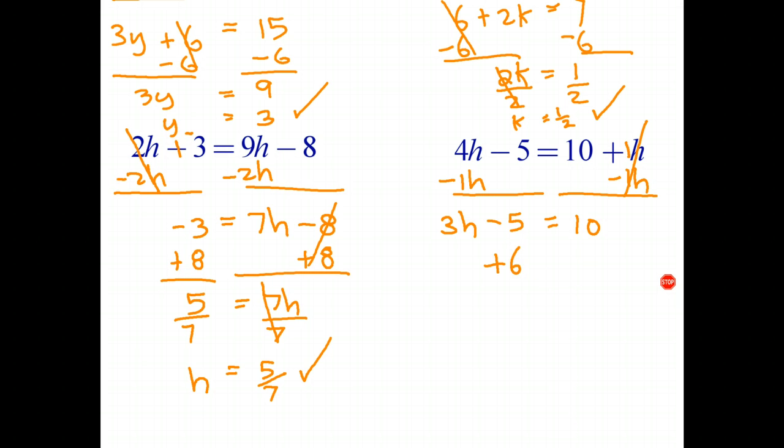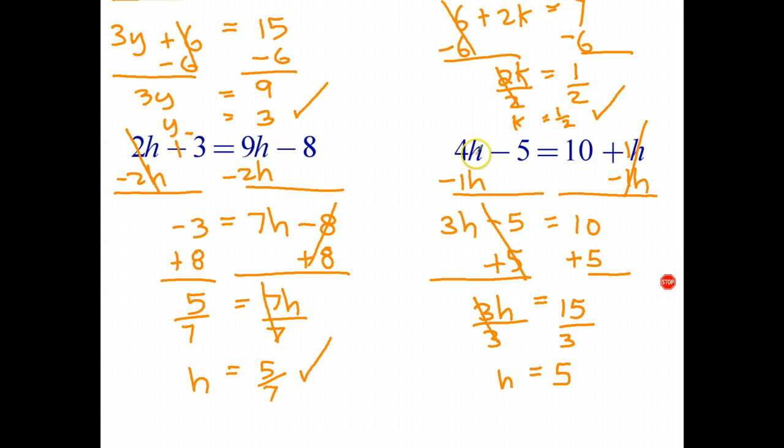Whoops, what did I do that for? Add 5 to both sides. And that leaves just 3h on the left, 15 on the right. Divide both sides by 3. And h equals 5.